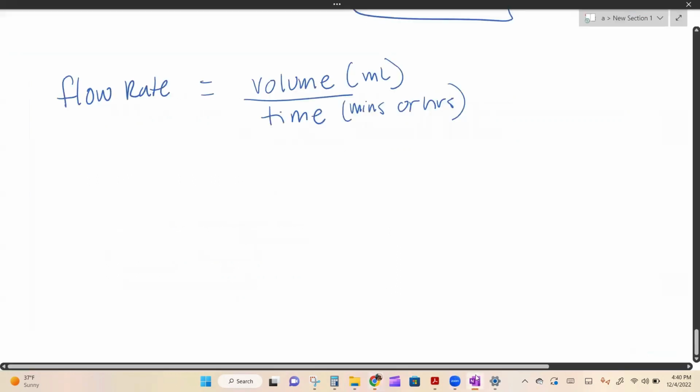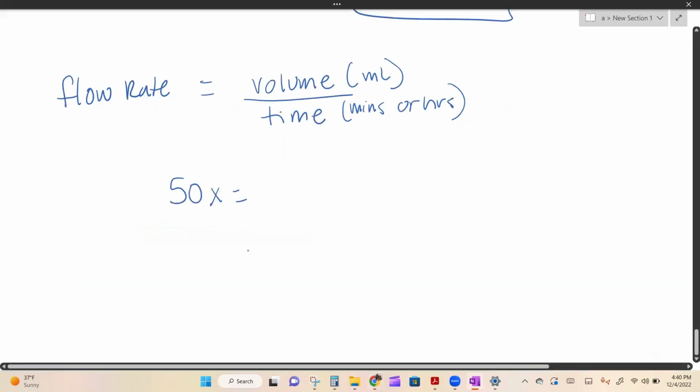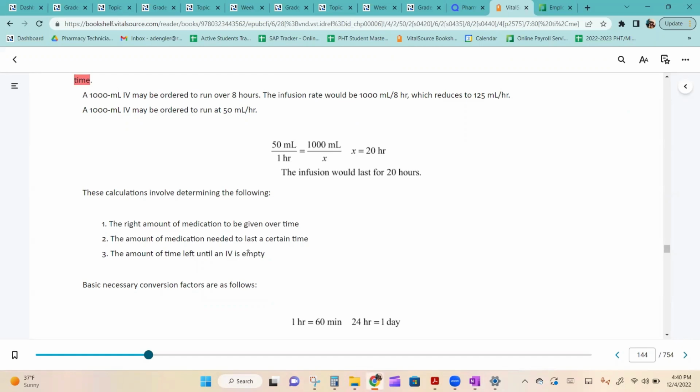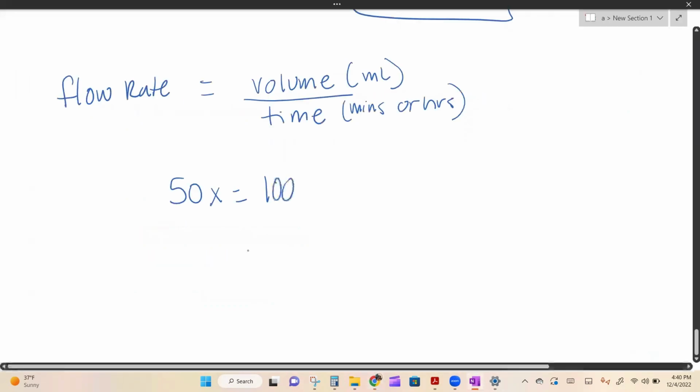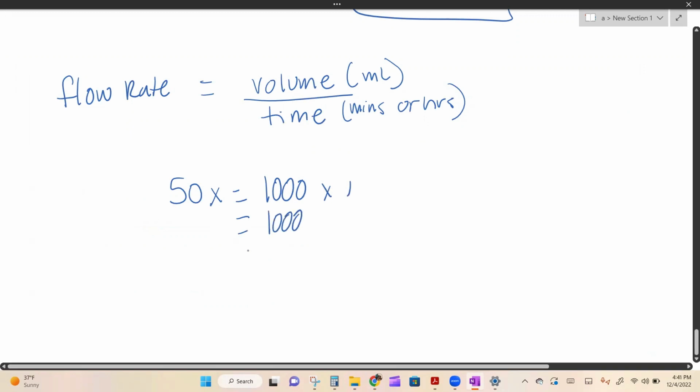And let's just do it just so you guys can see. So 50x is equal to 1000 times 1. So 1000 times 1 is 1000.